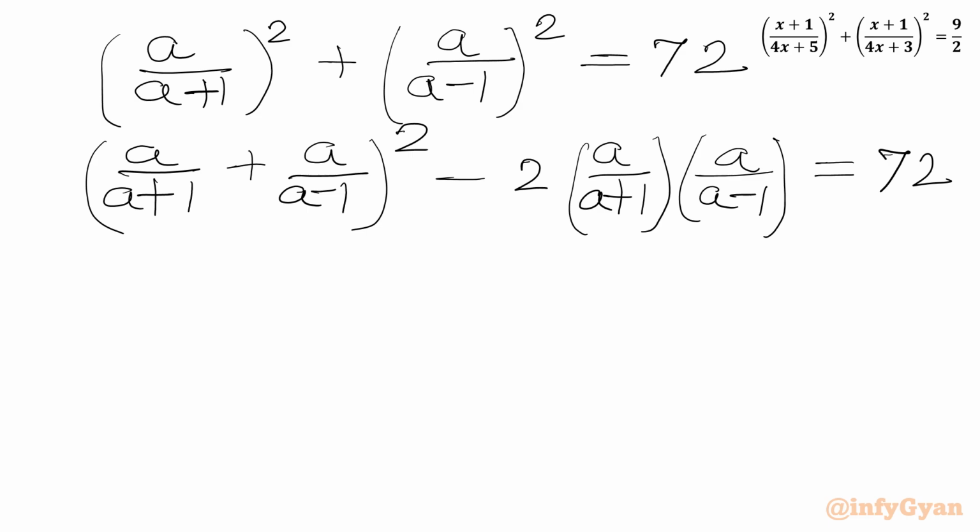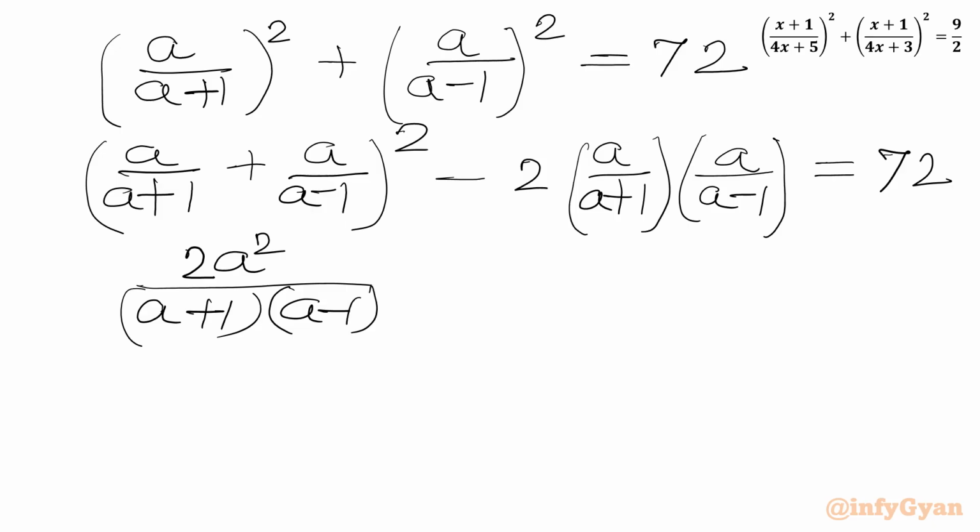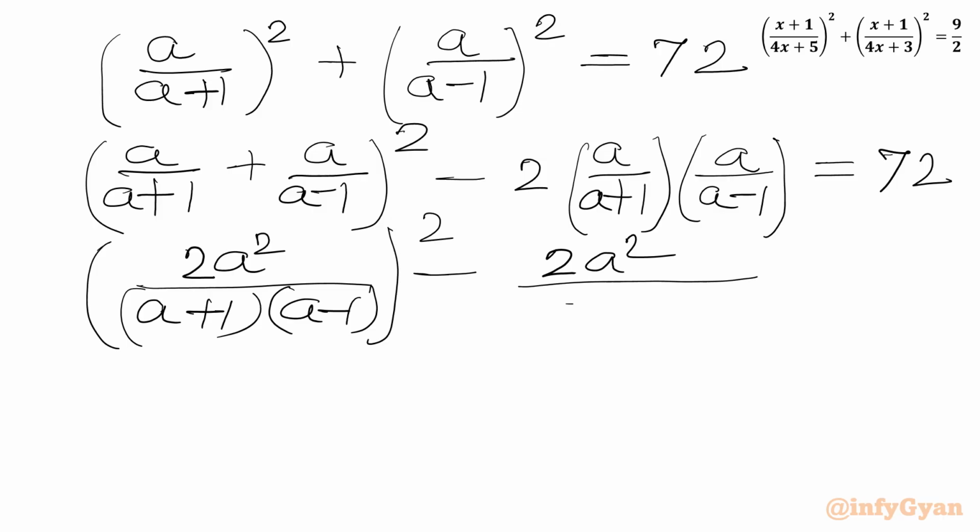Now we will simplify this bracket. So I will get a square plus a square, 2a square over a plus 1 times a minus 1, minus 2a square over a plus 1 times a minus 1. We'll write a square minus 1 equal to 72.